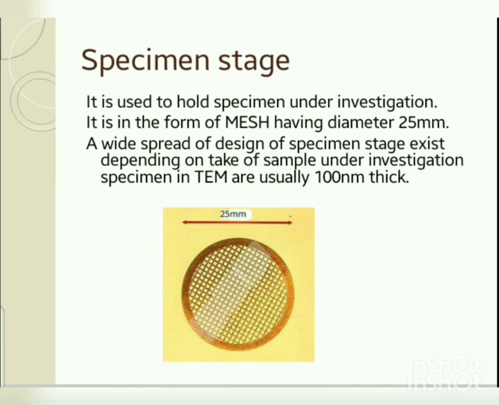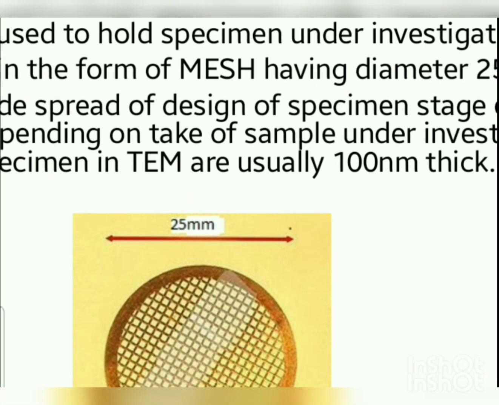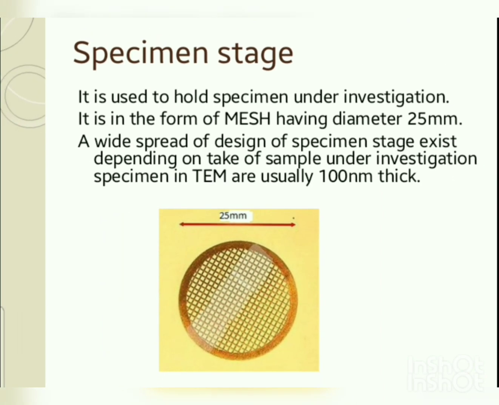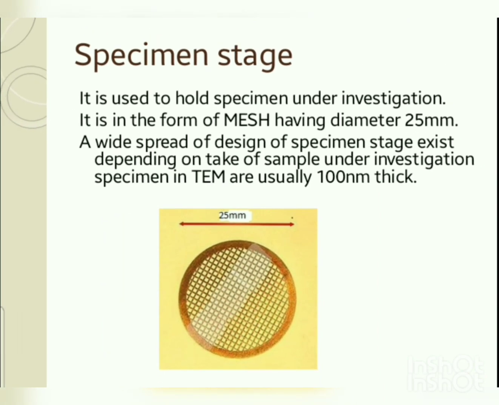And the specimen stage. It is used to hold the specimen under investigation. It is in the form of a mesh, like I have shown in the picture, having a diameter of 25 millimeter. A wide spread of designs of specimen stage exists depending on the type of sample under investigation.